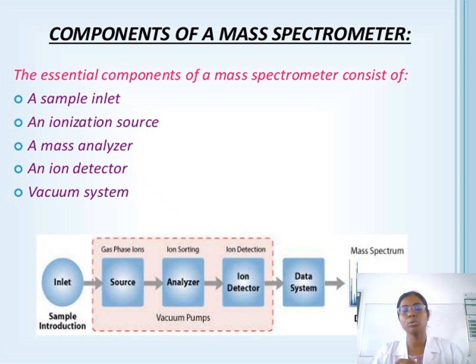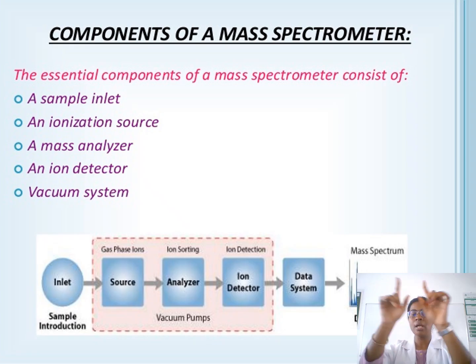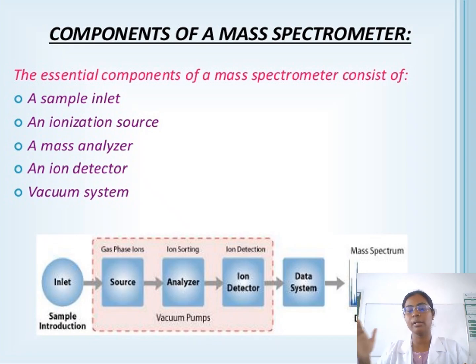These ions go to the analyzer. Various types of analyzer are present in a mass spectrometer. Then the ions go to the ion detector and the data system. The source, analyzer and ion detector are all kept under vacuum pumps. Finally the mass spectrum gives the relative abundance.